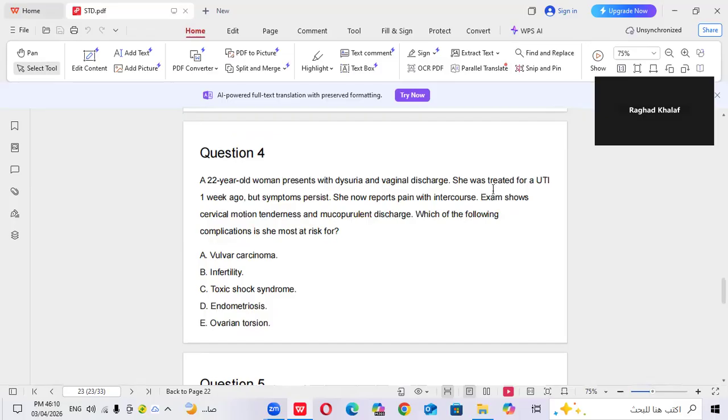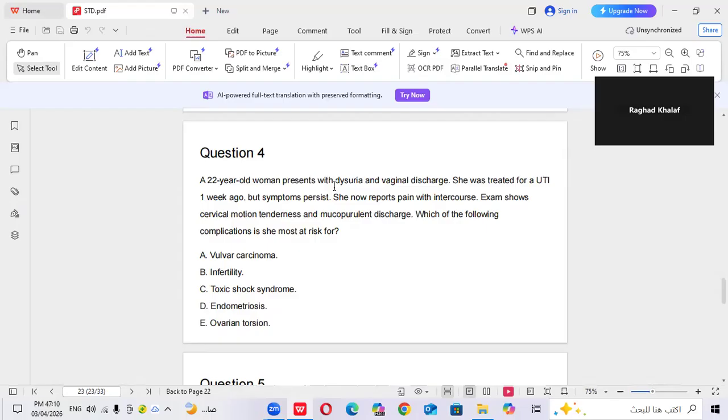He's describing here a patient that was treated for UTI, but her symptoms persist. It's because vaginal infections actually have urinary manifestations. So if you assumed that the cause for the patient's symptoms is urinary and you didn't treat the vaginal infection, the underlying cause is still there.